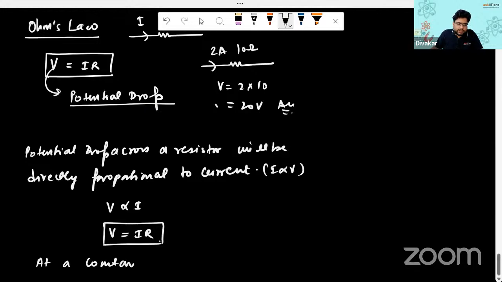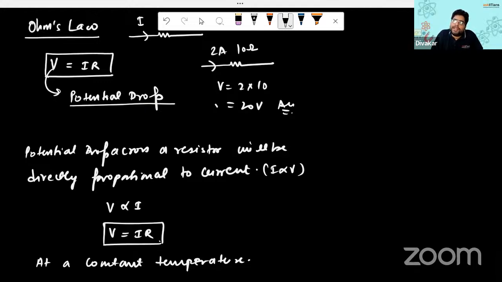Now, why do they say at a constant temperature? Because with temperature, the resistance changes, so the constant will change. Is it applicable all the time? No. If the temperature changes, Ohm's law will not apply.